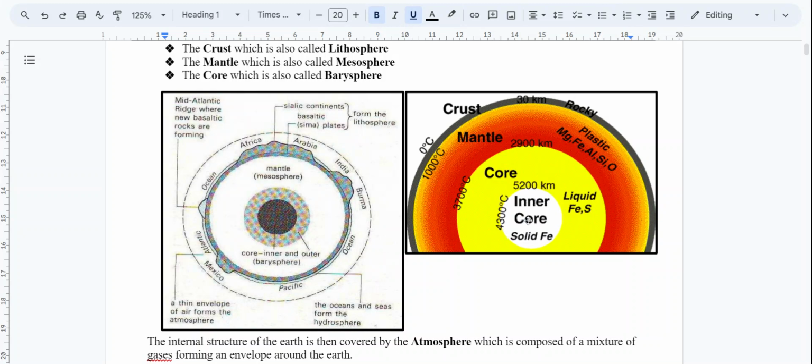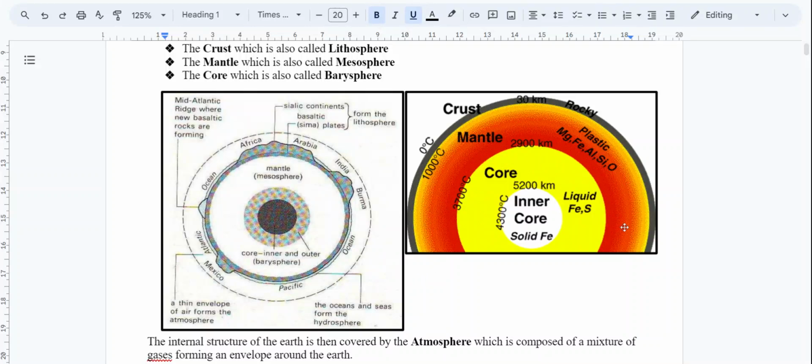After the inner core, we have the outer core, the yellow part. From there, we have the mantle. In the mantle, we find some minerals like magnesium, aluminium, iron, silicon, and other elements which are not mentioned here, but it is plastic in nature.